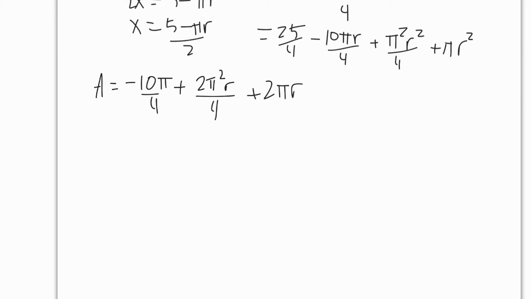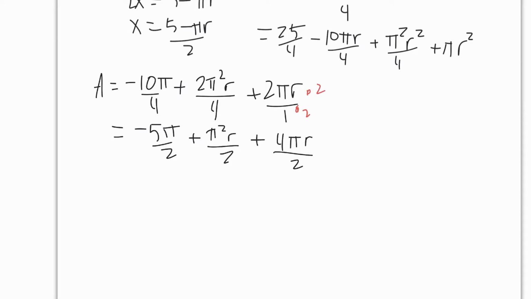Again, our goal is going to be to get common denominator, but we can simplify first. This will become minus 5 pi over 2 plus pi squared r over 2 plus, well, I guess if I put this over 1, I could multiply by 2 and multiply by 2 to give me 4 pi r over 2.